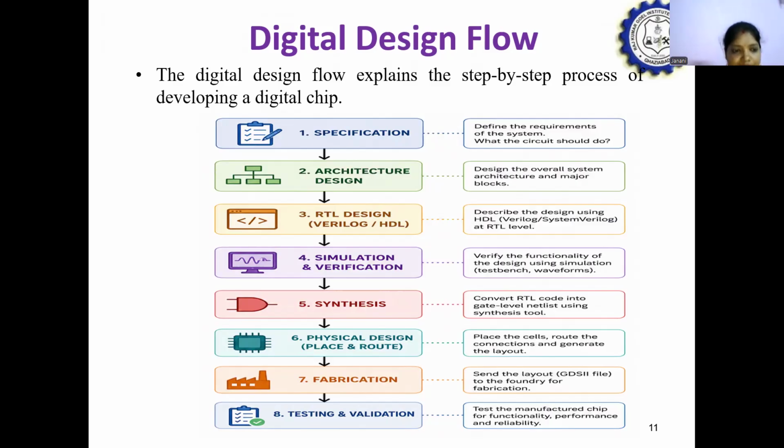After the fabrication, next they are going to perform testing and validation to check the reliability. So these are the complete steps from the specification to the fabrication. It explains the complete digital design flow.